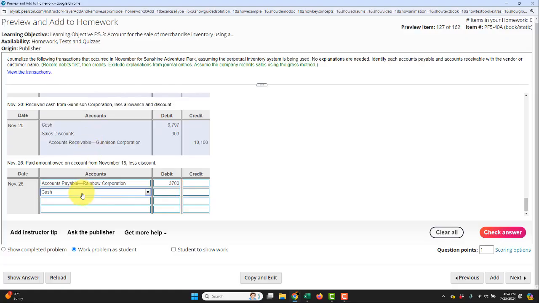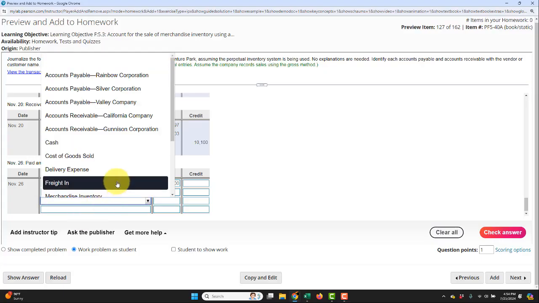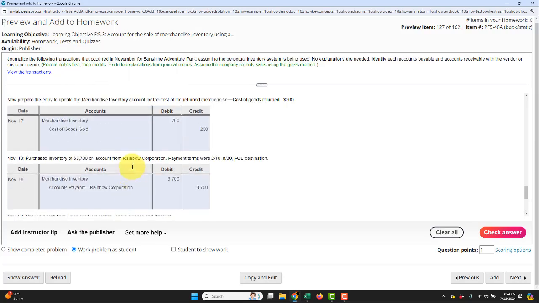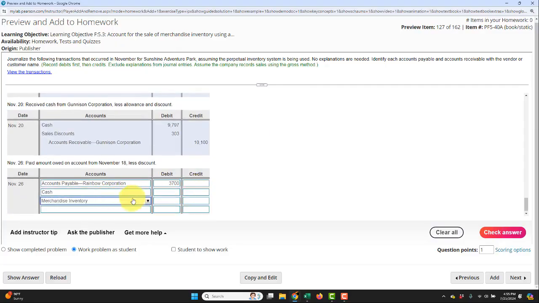So we're going to have cash, some amount less than 3,700. And since we originally made our inventory this original amount, and we want our inventory to match how much we're actually paying in cash, we're also going to account for that by reducing our inventory value by the amount of the discount.